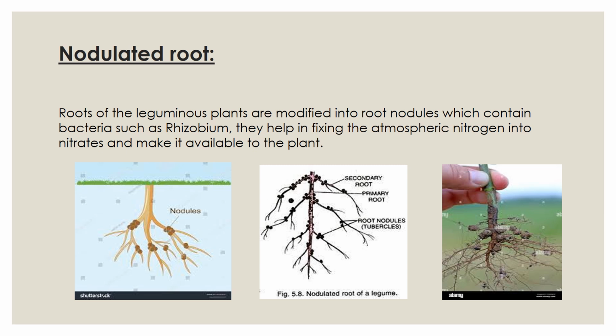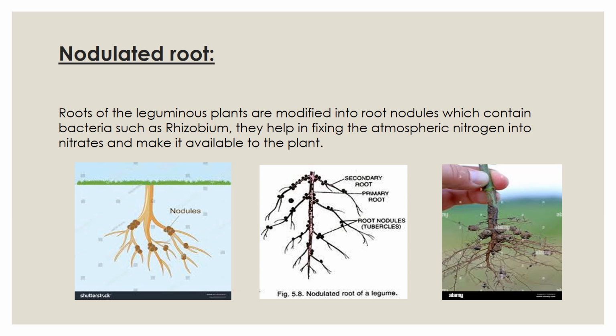So we can see this in the picture. We can see nodules on the taproot, and also on the lateral or secondary roots.